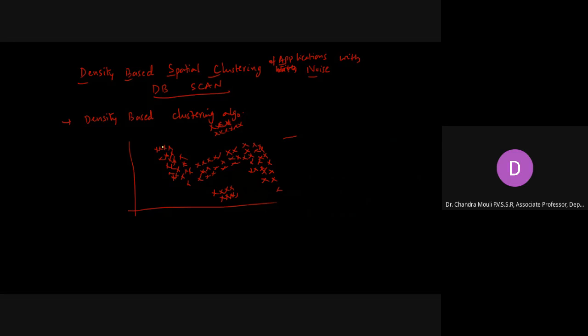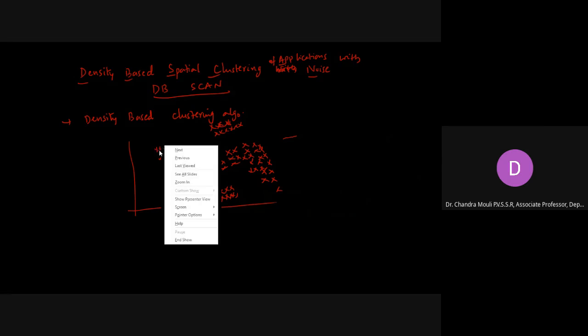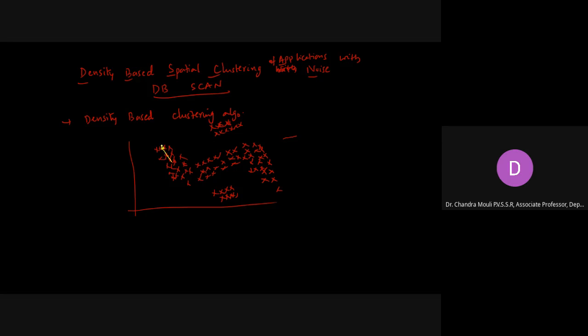So it starts with some arbitrary position and keeps moving towards the dense regions like this, it proceeds, and eventually at some point it will stop. Once all the data within this neighborhood is covered, it will start with another arbitrary point, and another arbitrary point like this.